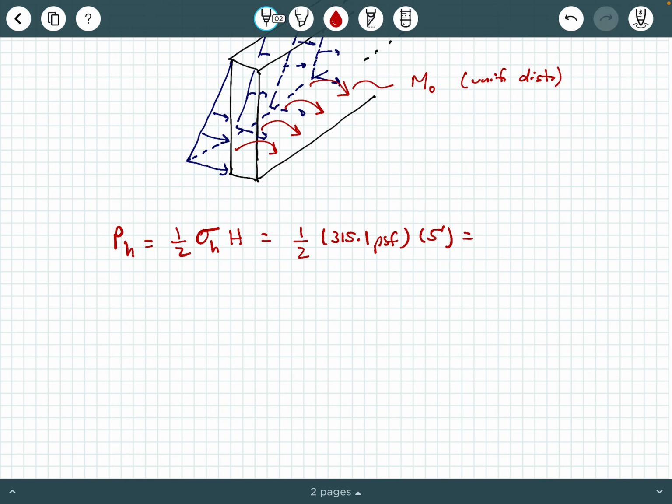So that equivalent horizontal hydrostatic pressure is going to be the following. It is 788 PLF. So this is going to be 788 pounds per linear foot. Now, be careful. This is pounds per linear foot. What does that mean?